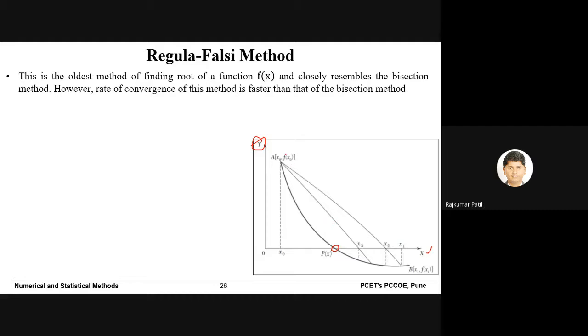Initially we may have these 2 points: A, whose x coordinate is x0 and y coordinate is f of x0, and B, another point that we know, whose coordinates are x1 and f of x1. With these two initial approximations, we are going to see how we reach towards the root of the equation by using the regula falsi method.